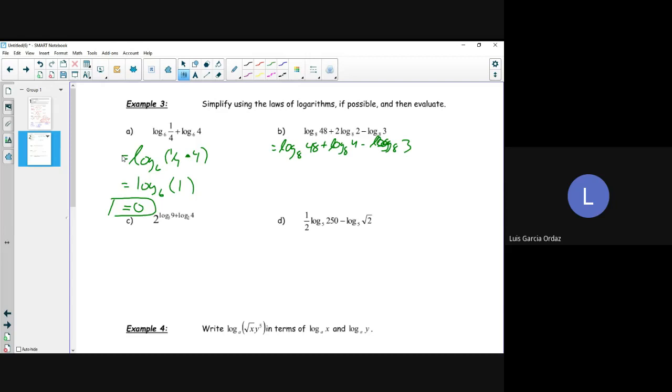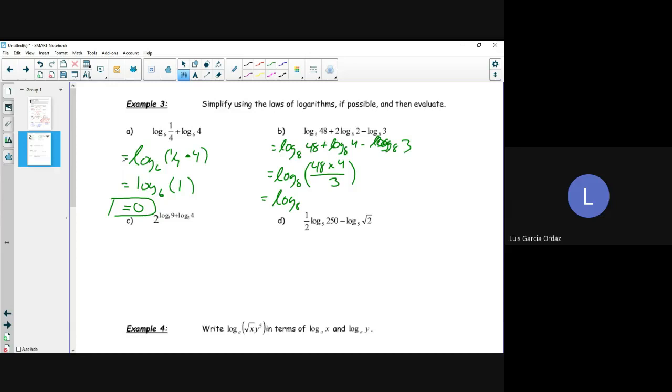So you're going to multiply and then divide. Or you can do everything at the same time. So we get log base 8 of 48 times 4 divided by 3. And what does that expression give us? What is 48 times 4 divided by 3?